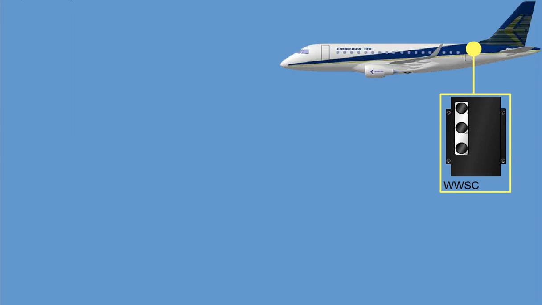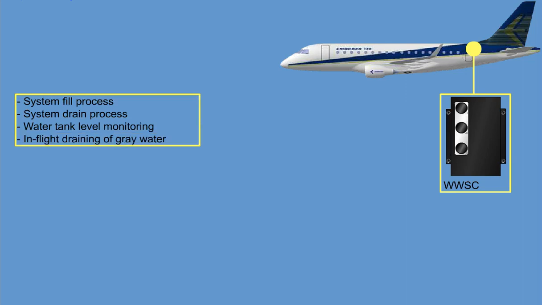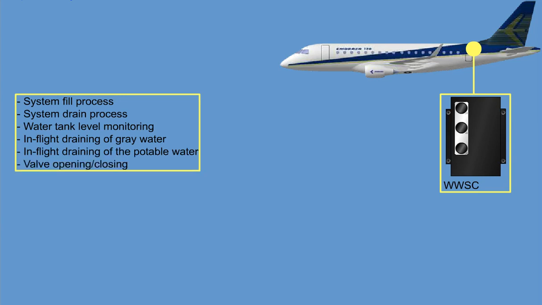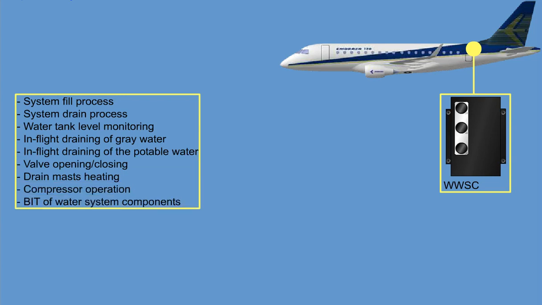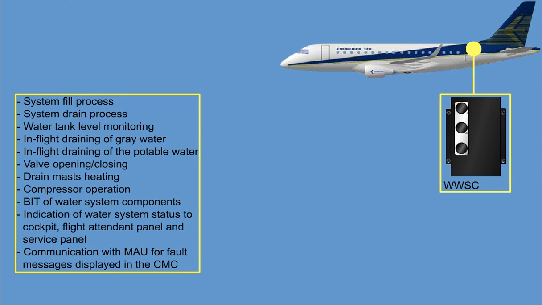The WWSC controls and performs the following functions: system fill process, system drain process, water tank level monitoring, in-flight draining of gray water, in-flight draining of the potable water, valve opening and closing, drain masts heating, compressor operation, built-in test of water system components, indication of water system status to the cockpit, flight attendant panel, and service panel. Communication with the MAU for fault messages is displayed in the CMC.